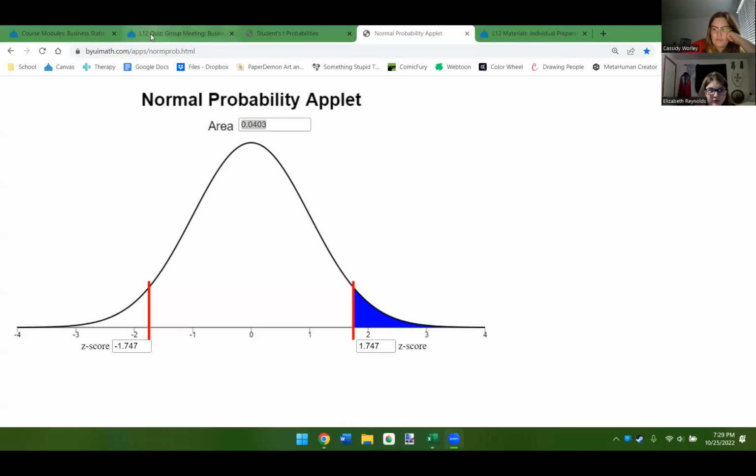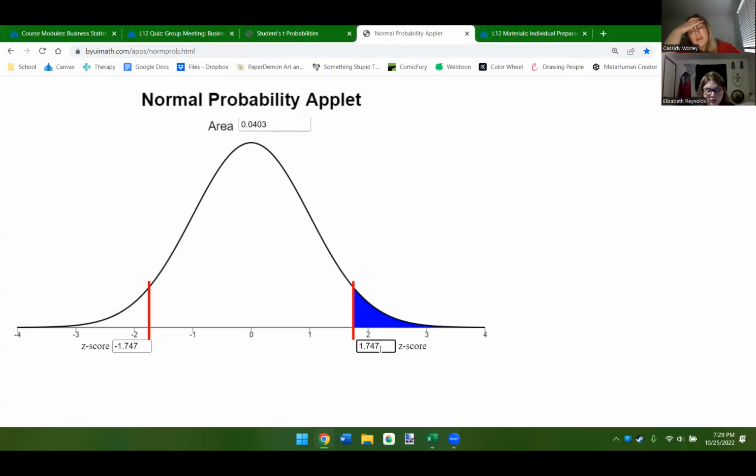So I plugged in 0.0403. It wanted greater than, right? Yeah, so this would be the z-score. Wasn't there something about multiplying?